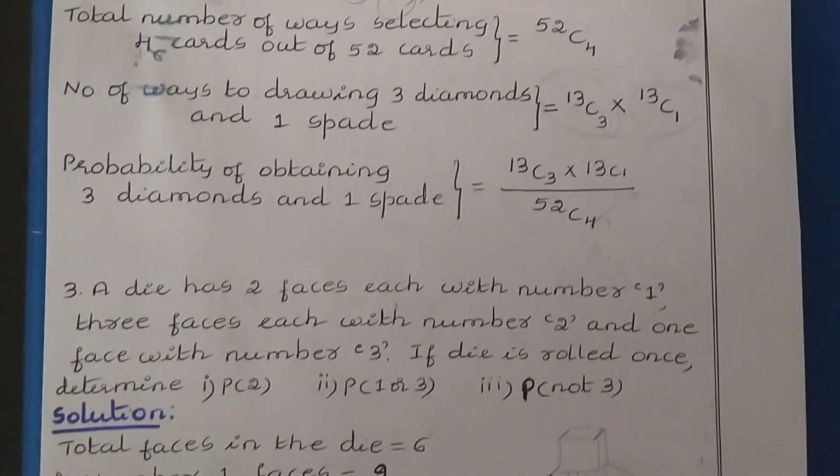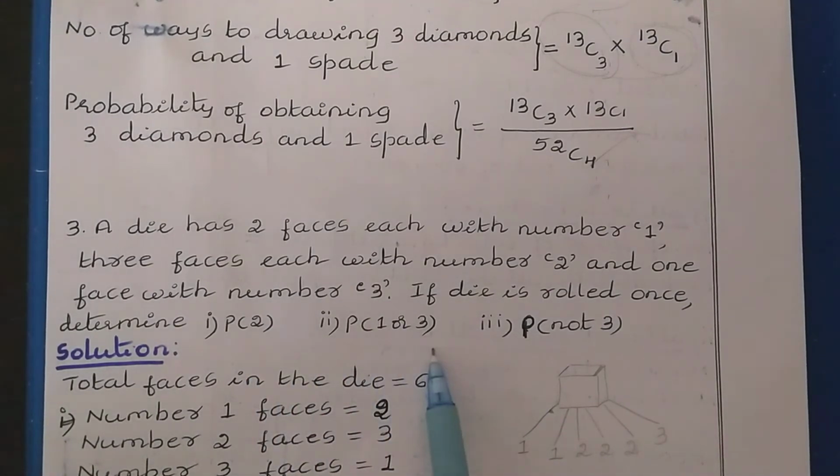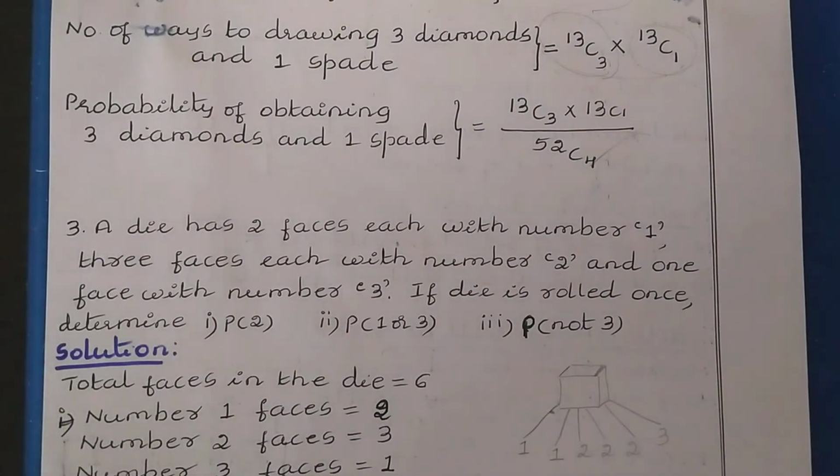Next, question number 3. A die has 2 faces each with number 1, 3 faces each with number 2 and 1 face with number 3. If die is rolled once, determine probability of 2, probability of 1 or 3, probability of not 3. See, generally whenever we consider a die experiment, we take there 6 possible outcomes with 1, 2, 3, 4, 5, 6.